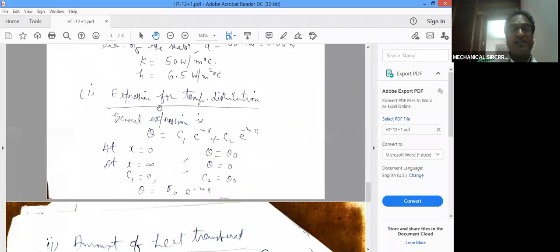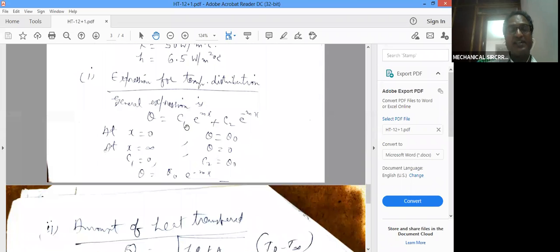For the expression for temperature distribution, take the general expression, theta is equal to C1 e power mx plus C2 e power minus mx. Already we have derived this equation. At x is equal to 0, theta is equal to theta naught. At x is equal to infinity, theta is equal to 0. By using these two boundary conditions, you can get the C1 and C2 values.